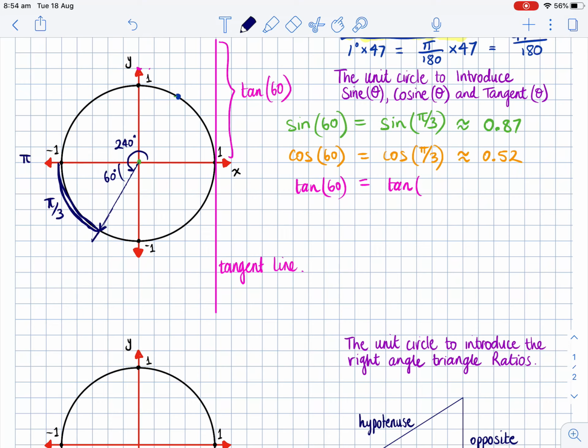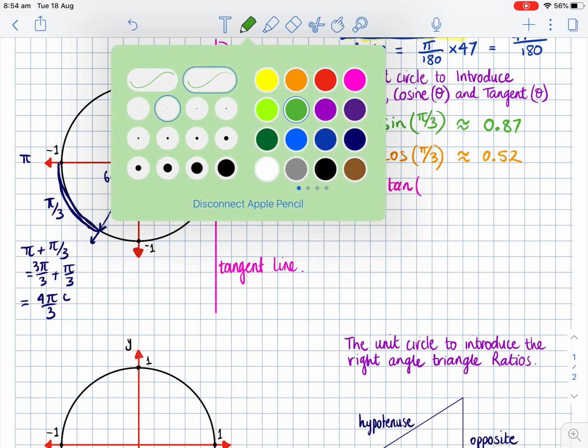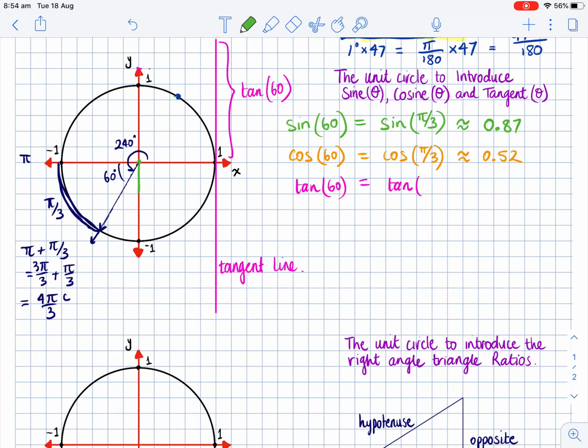So this point here, if I wanted to go in radians, it's pi plus pi on 3 radians. Or 3 pi on 3 plus pi on 3 radians. We've got to use our fraction skills here, and that gives me 4 pi on 3 radians. So we've got an angle of 4 pi on 3. If I look at, let's go back to what we were talking about before, the vertical distance at that point.